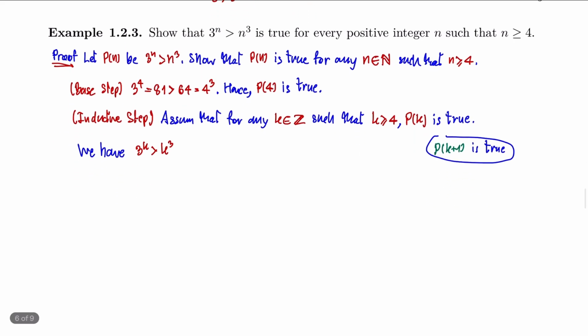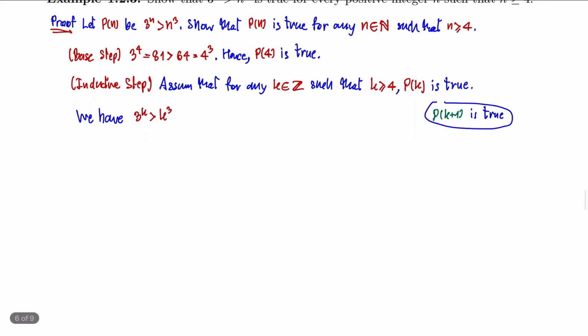So now what can we do? We want to start from 3 to the k plus 1. Now, what is 3 to the k plus 1? It is 3 times 3 to the k. What can we do next?